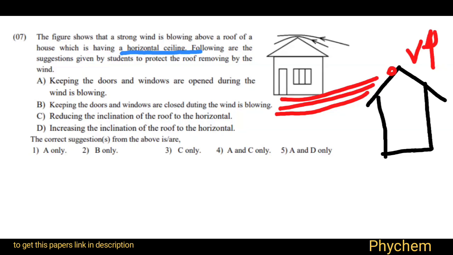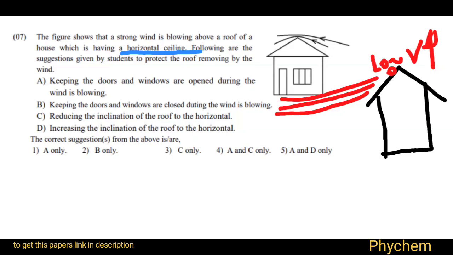So usually, in any roof, when the wind is blowing so fast, the roof experiences a low pressure area on top because of the higher velocity of air. The reason is the streamline intensity is high.